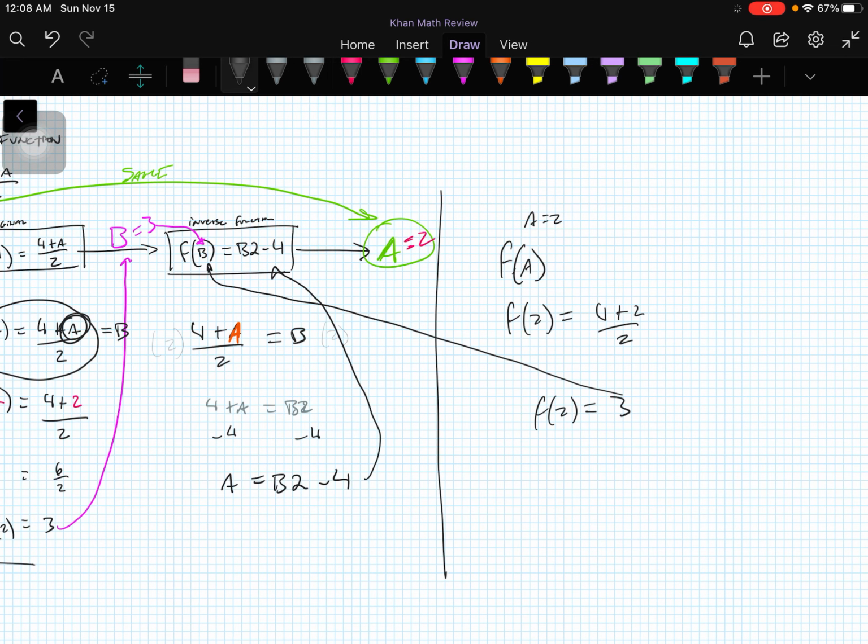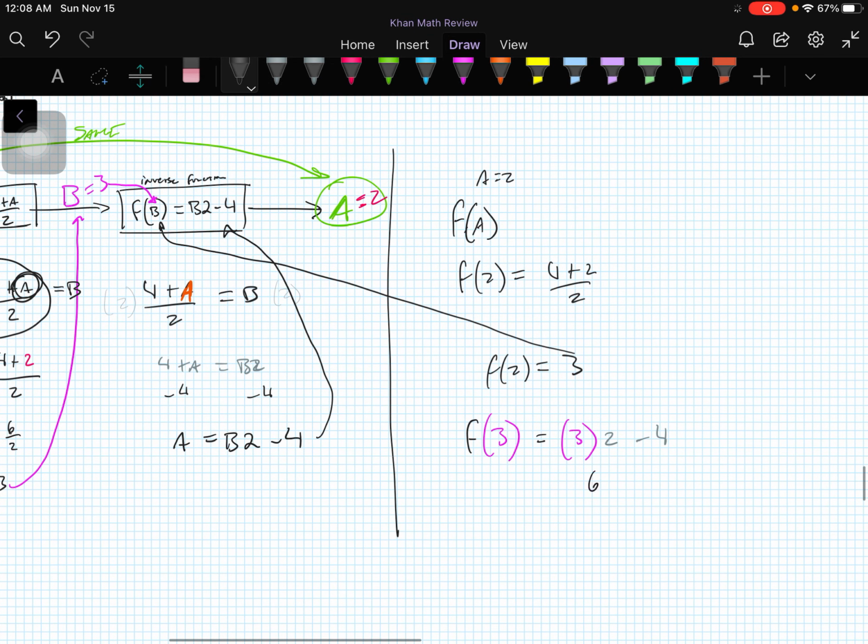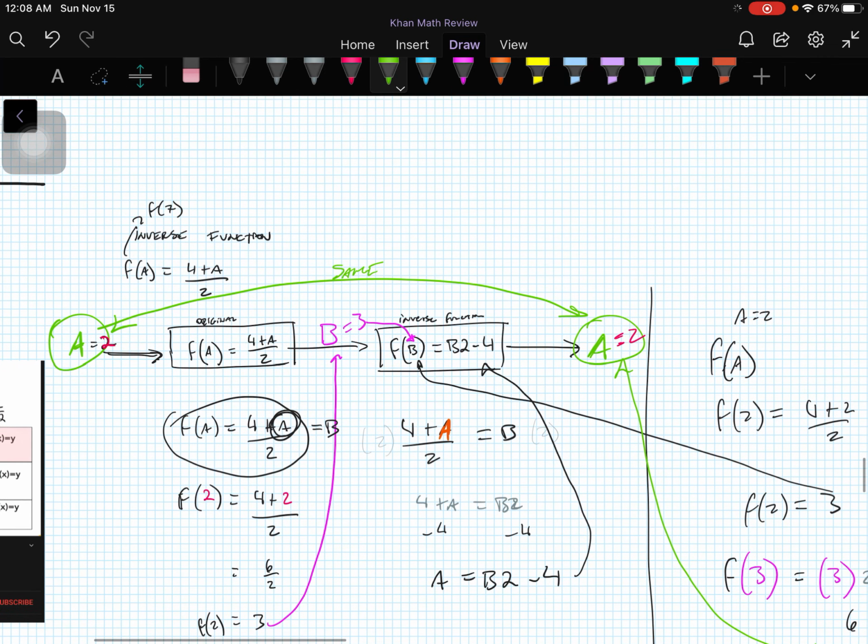So f of 3 equals 3 times 2 minus 4. So this is 6 minus 4. f of 3 equals 2. And that's correct. That's what we wanted. So we filled out the inverse function right here, and we made sure that our output equaled our input.